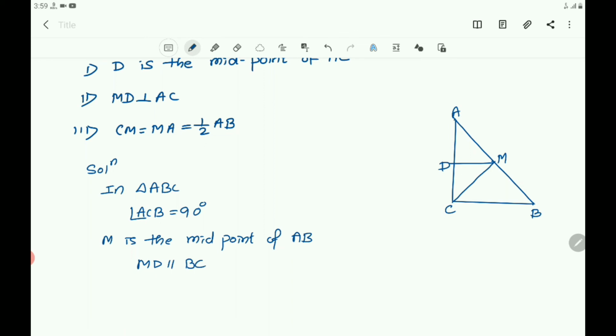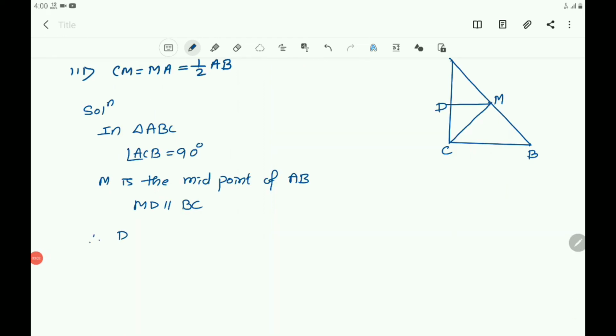According to the converse of midpoint theorem, you can say that D is also the midpoint of AC, because the line drawn through the midpoint of one side of a triangle parallel to the second side bisects the third side.